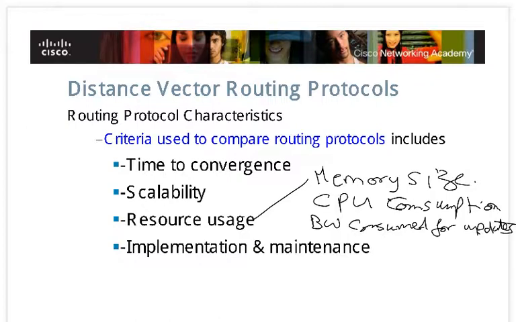And then the implementation and maintenance. By implementation here we mean the simplicity of the implementation. How simple the implementation is. So for example, the RIP implementation is very simple. Why? Because it's based mainly on the number of hops and the routing updates are periodic. So it's very simple.